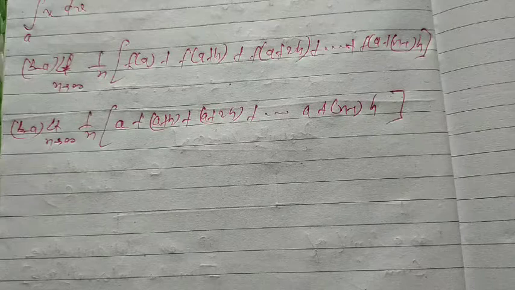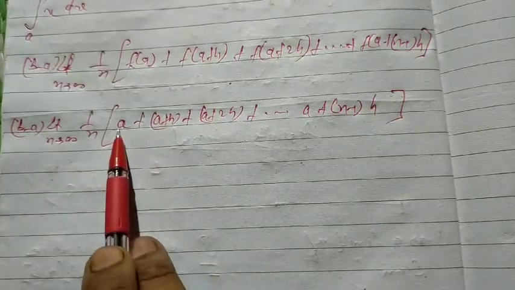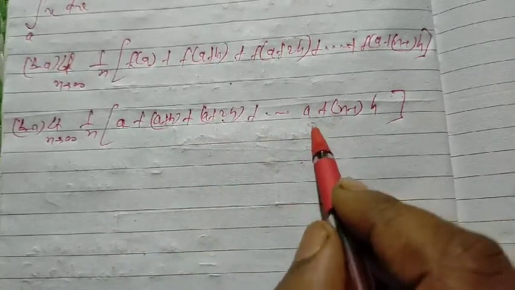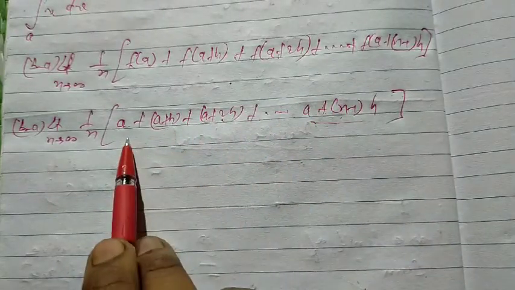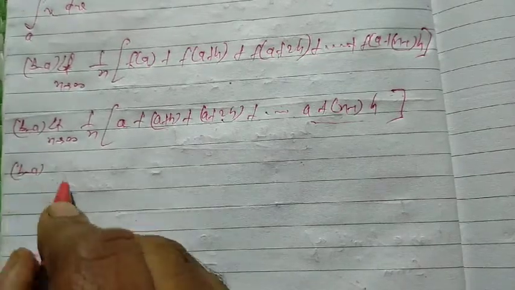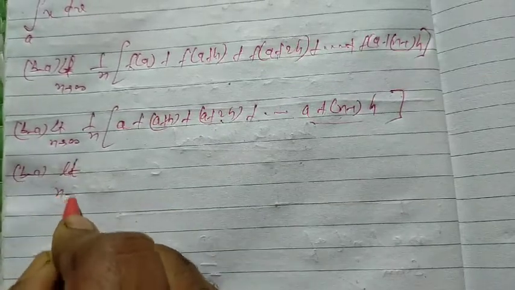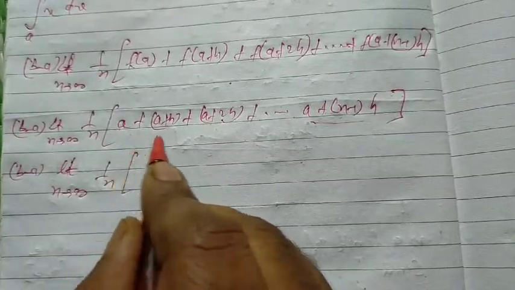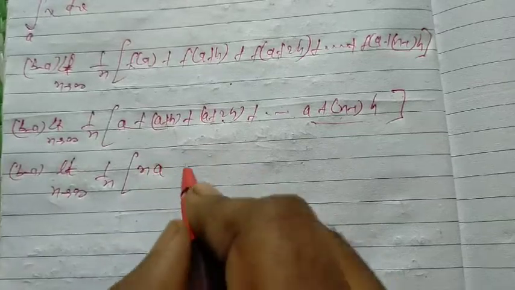Okay. Now we can see here a, in this term also a, in this term also a. So how many times is a there? A is there up to n times. So b minus a, limit n tends to infinity, 1 by n upon a is n times, so in total it becomes na, plus.